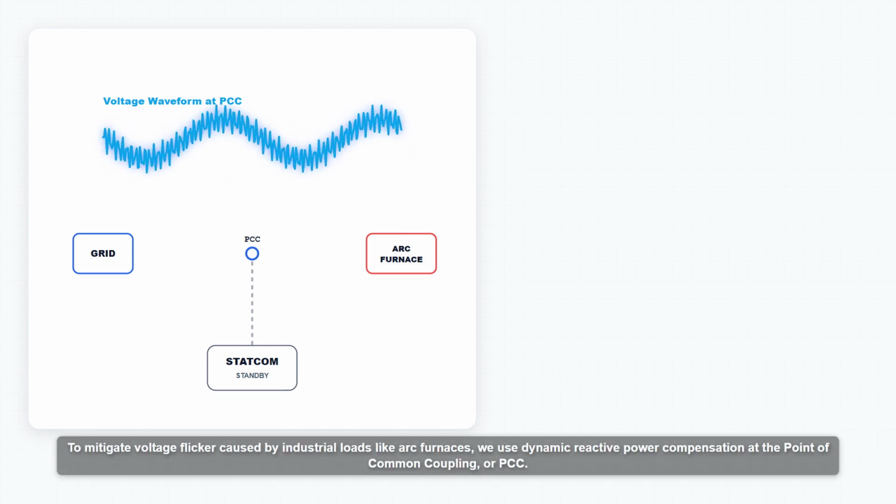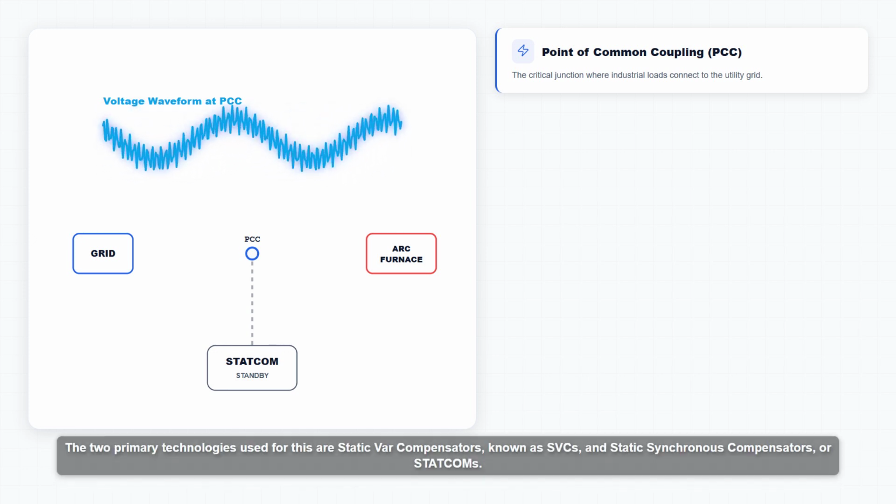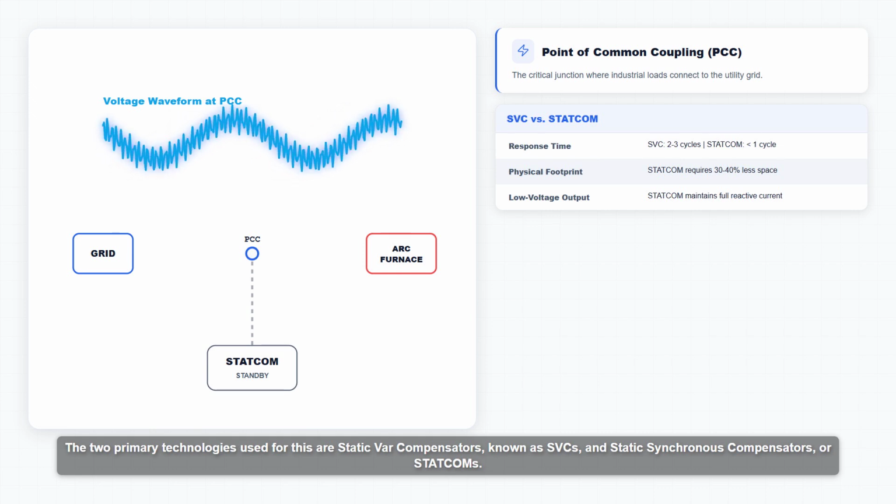To mitigate voltage flicker caused by industrial loads like arc furnaces, we use dynamic reactive power compensation at the point of common coupling, or PCC. The two primary technologies used for this are static var compensators, known as SVCs, and static synchronous compensators, or STATCOMs.